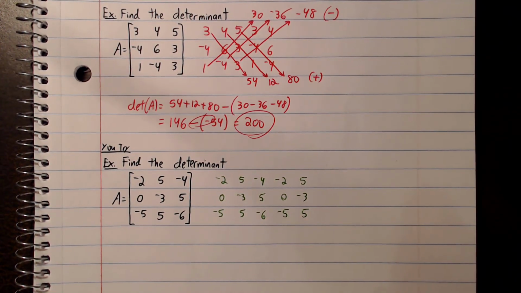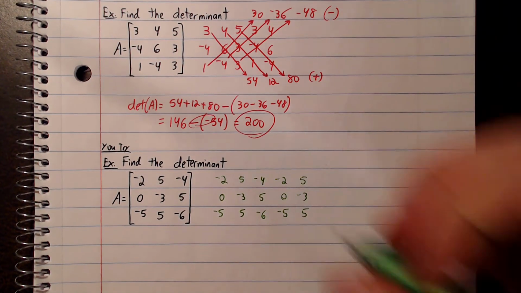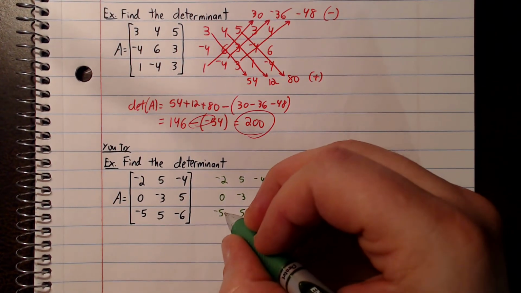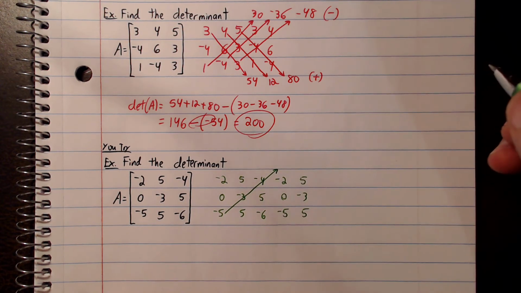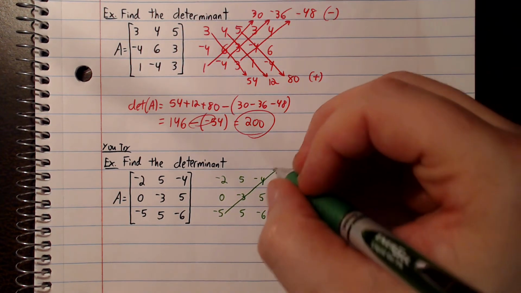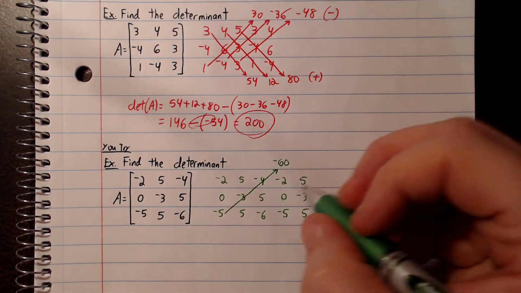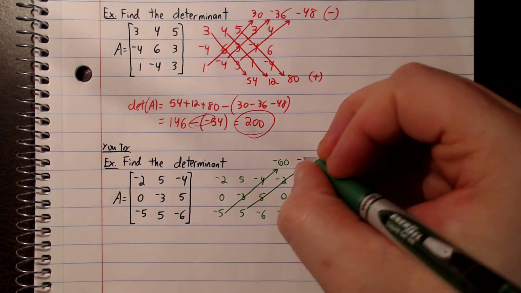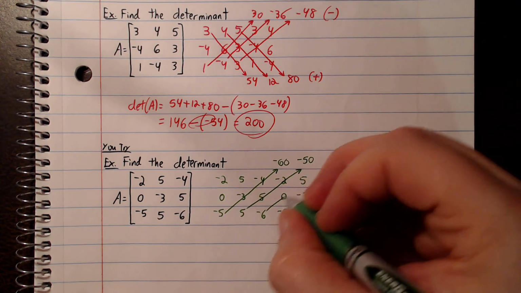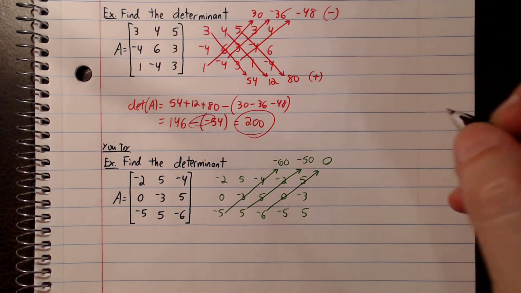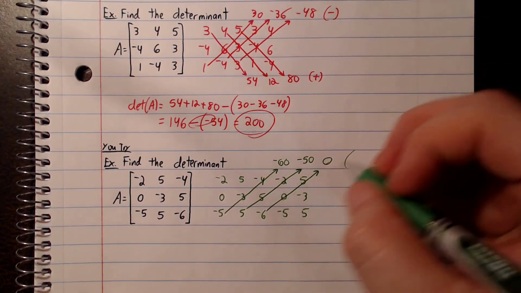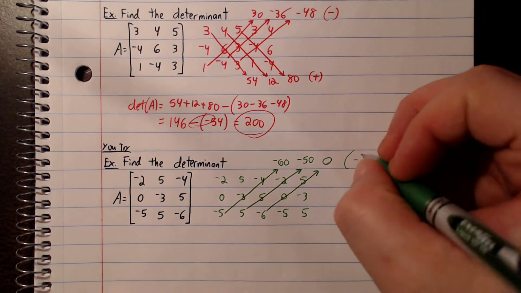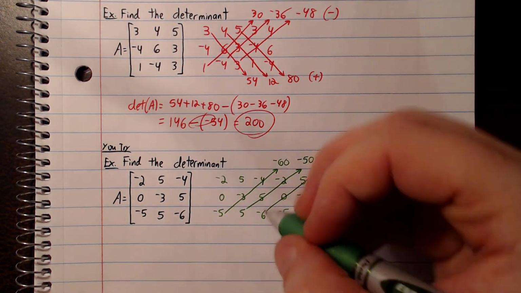Now we need to do some multiplication. If I do this first one up here, we're going to get negative 60. The second row, we're going to get negative 50. And this one's nice because it's a 0. Anything that we multiply by 0 stays at 0. Those are the ones that we subtract.